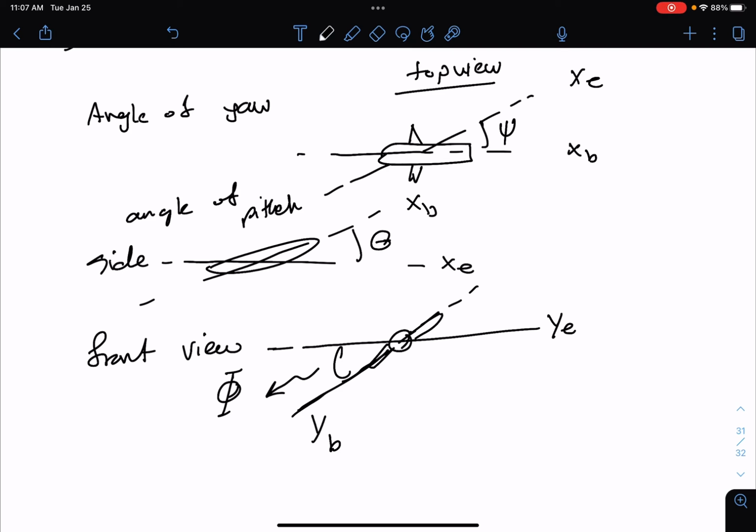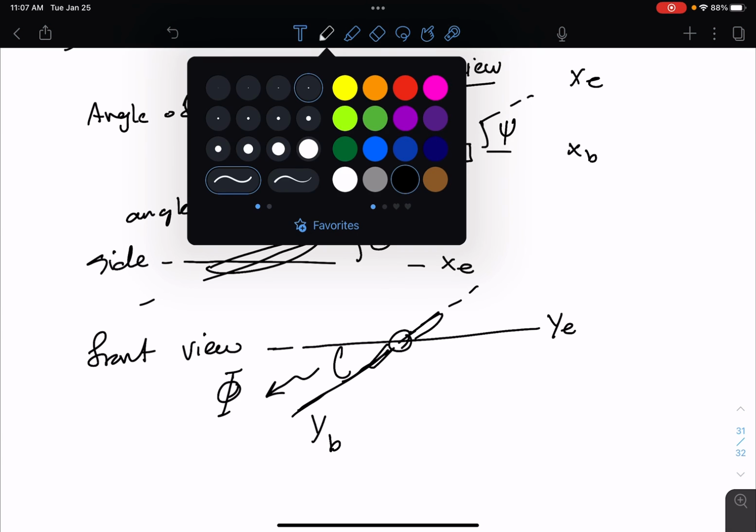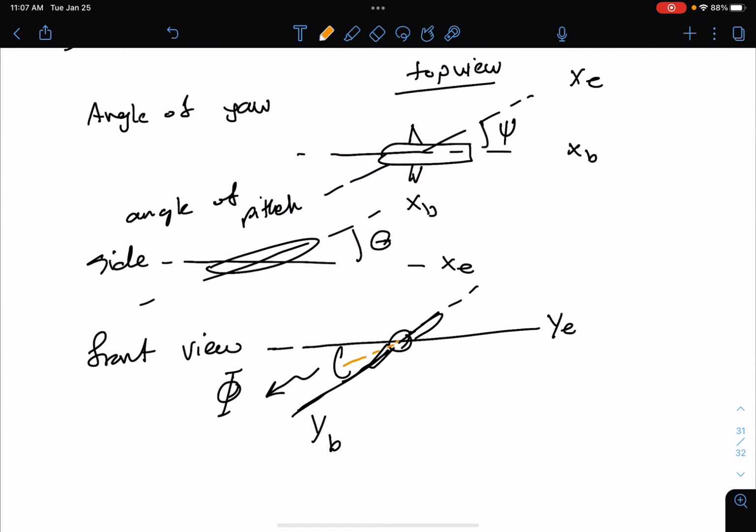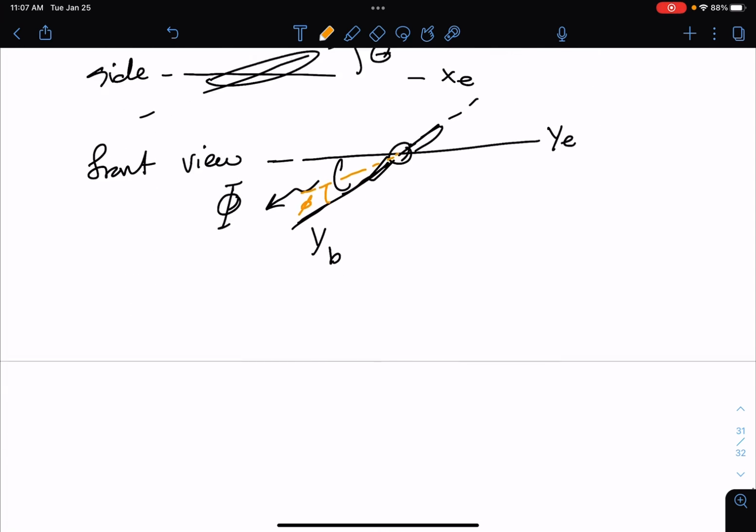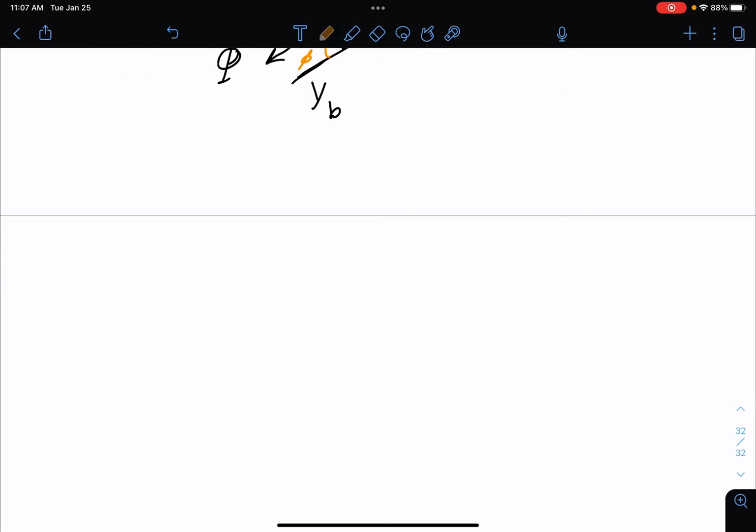If I had to show that on this two-dimensional thing, let's say your aircraft has turned this much, then this angle would be the small phi, angle of the roll, right? To make it simpler, we have come up with the angle of bank. Is this more understandable? Okay. Let's move on to the next one.